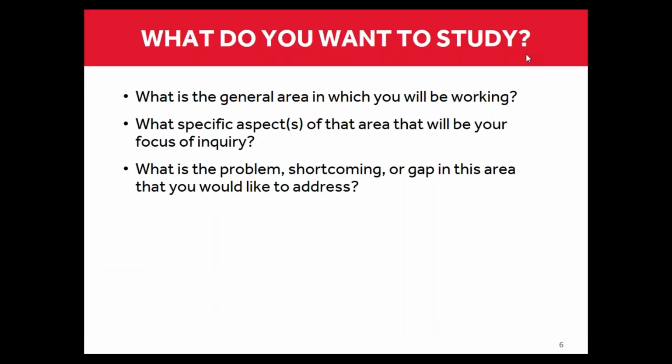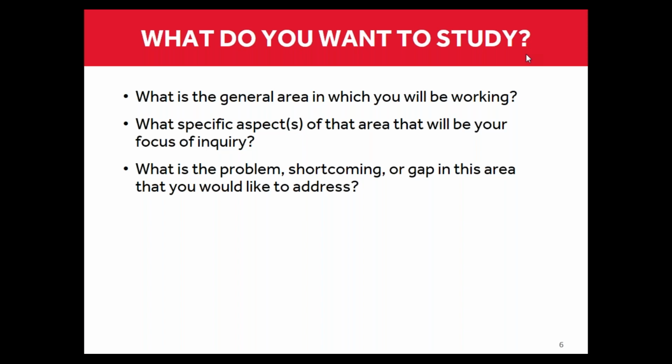So I'm going to start with what might seem to be a very obvious subject. What do you want to study? And I think in a proposal, it's a good idea to define first the general area that you want to work in, and then the specific aspect of that study, and then what shortcoming or gap that you see in this area.